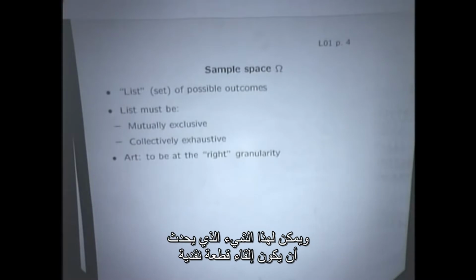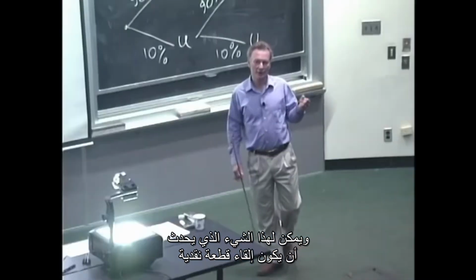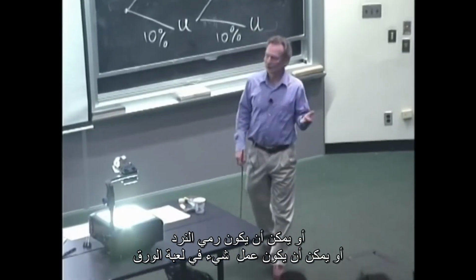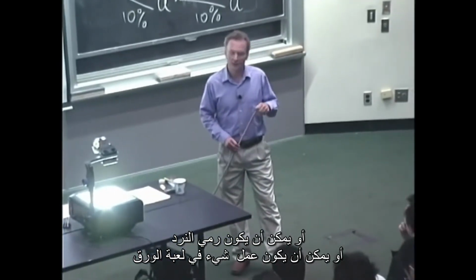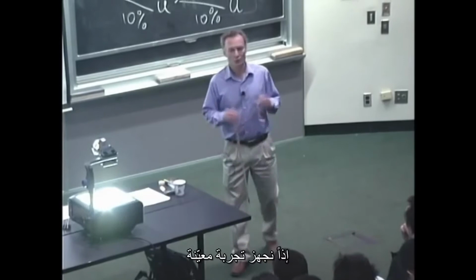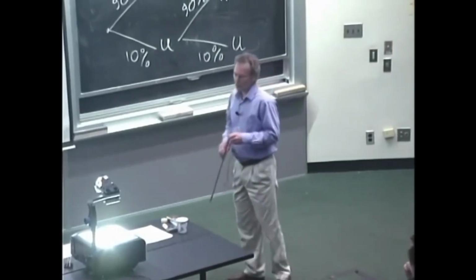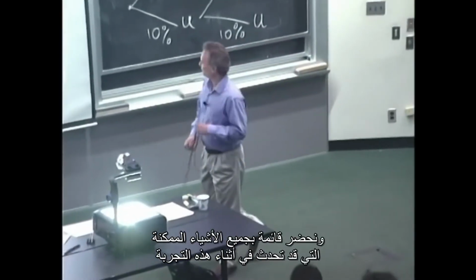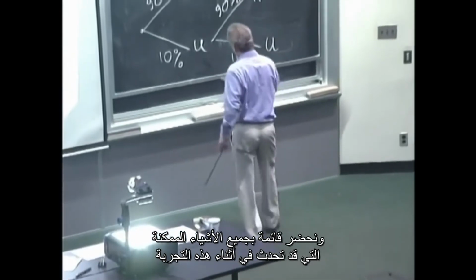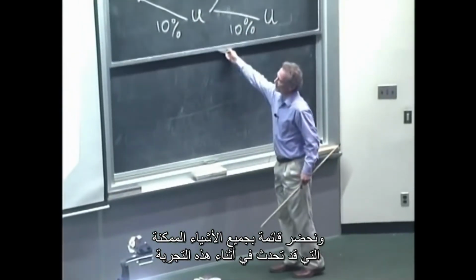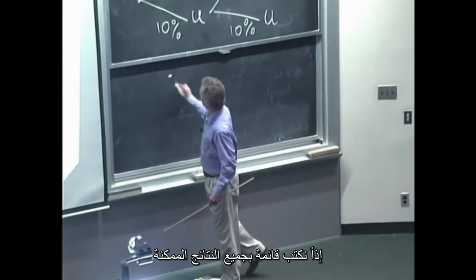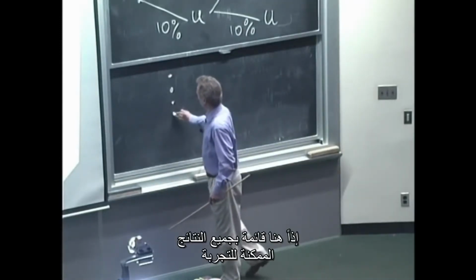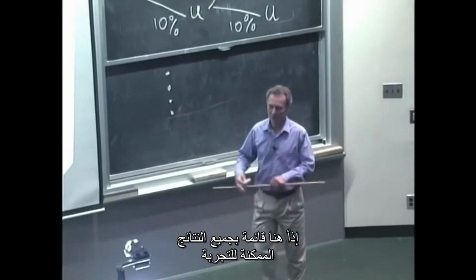It could be flipping a coin, or rolling a die, or doing something in a card game. We fix a particular experiment, and we come up with a list of all the possible things that may happen during this experiment. So we write down a list of all the possible outcomes of the experiment.